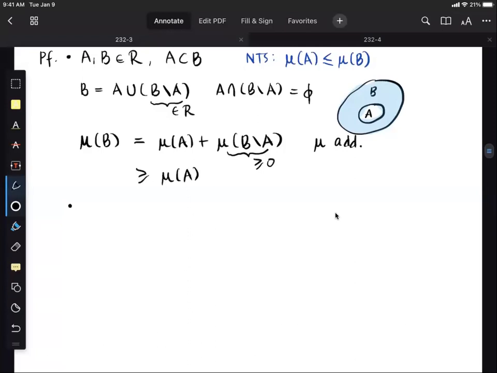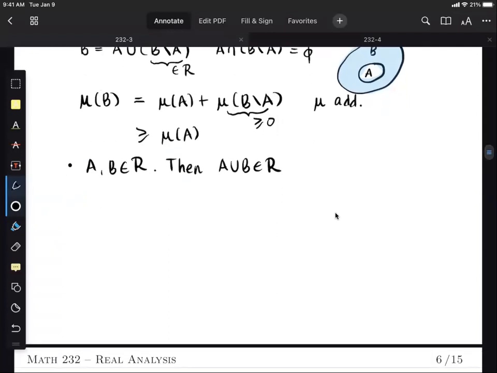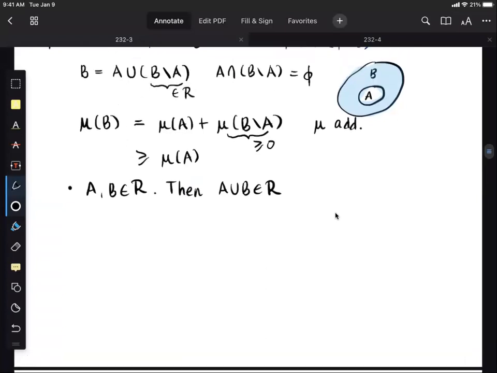So in this case, take two elements of the ring, A and B. Then the ring is closed under union, therefore the union is in R. So writing again the union as follows, we can write the union of A and B as A union B minus A. And again, the set difference is in the ring.